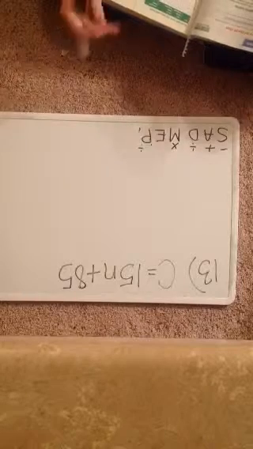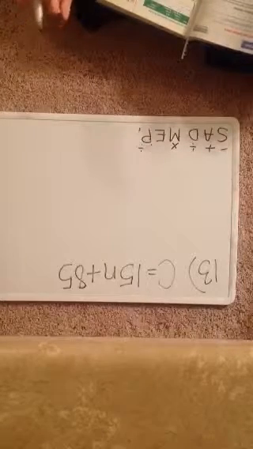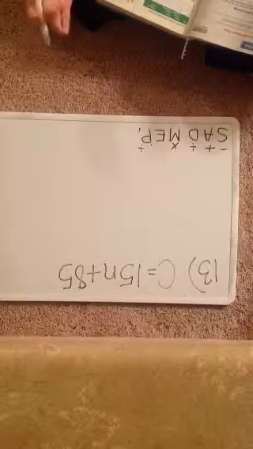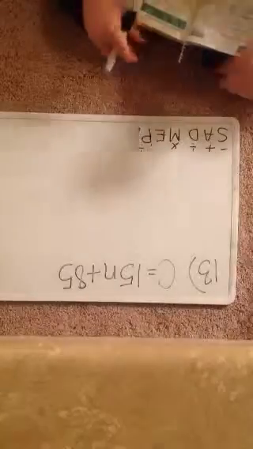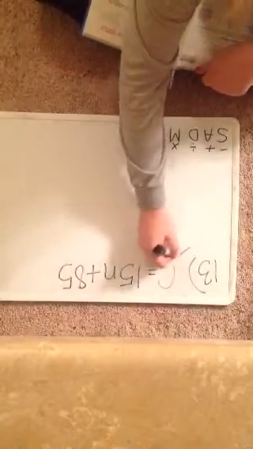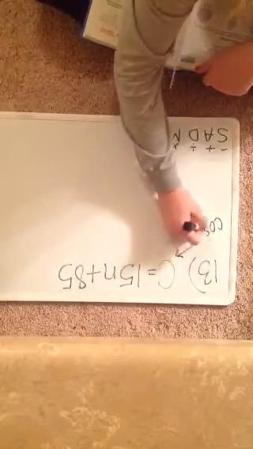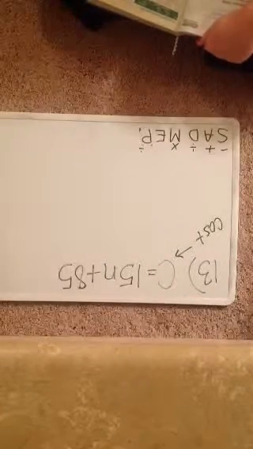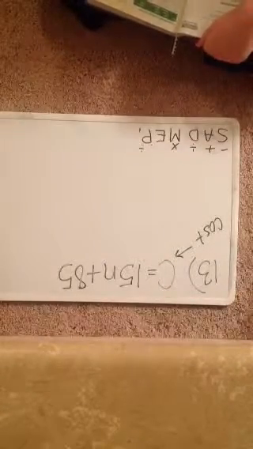So the book is asking us how many watches are made when the cost is $385. So we knew that the C means cost. So the book is trying to have us solve if our cost was $385.